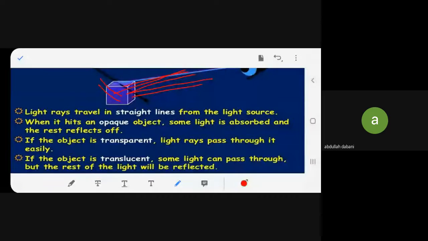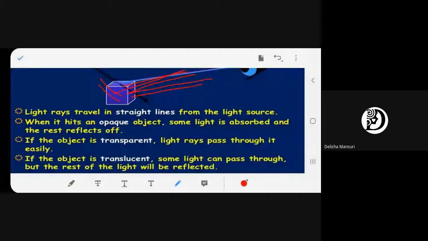In translucent, light is passing through and the rest is reflected, and in transparent, all the light is passing through. Did you get the difference? Let's start with transparent. All the light rays pass through. You agree? Then we come to translucent. Some are passing through, the rest are reflected.